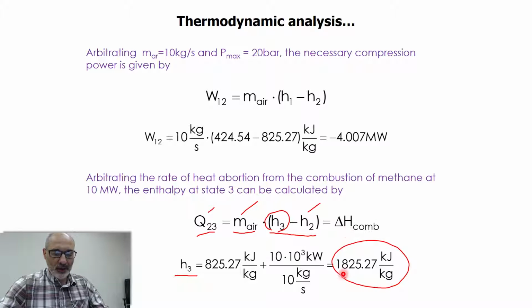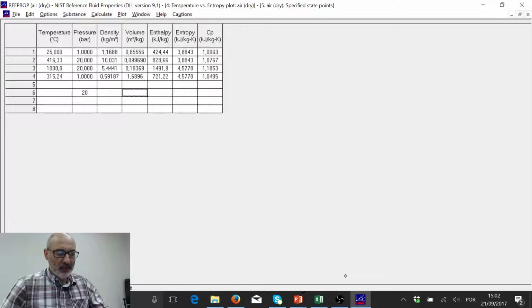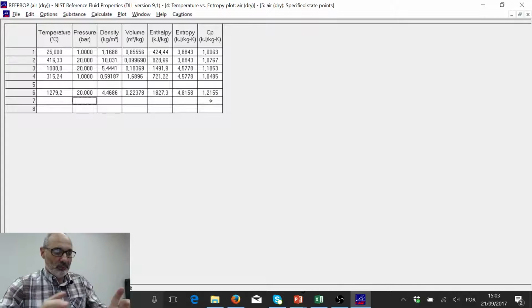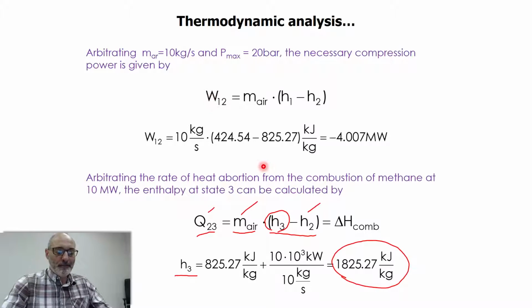So when I put 1825.27, so the enthalpy is going to be 1825.27, enter, and I have all the corresponding results. This is just a demonstration of how we use this kind of software.